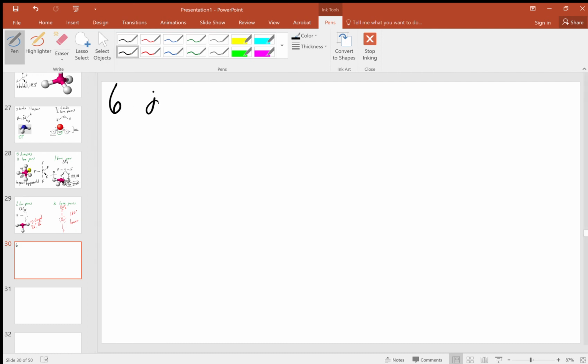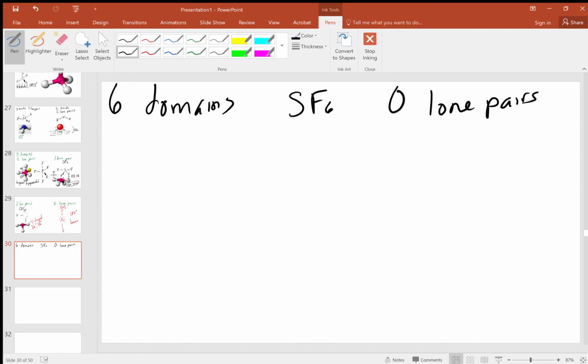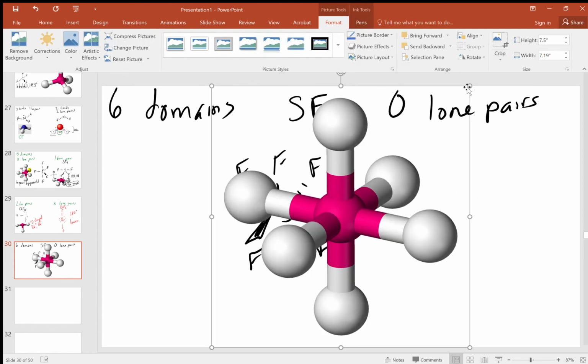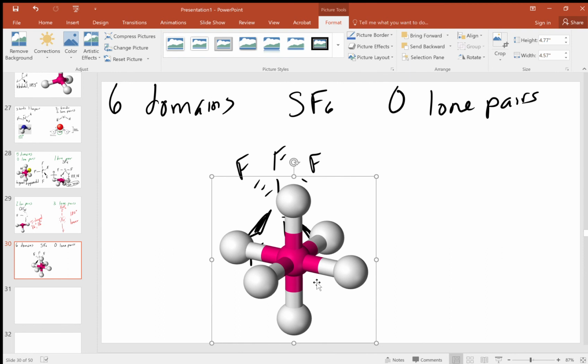Finally, we have 6 domains. We can start with SF6, which has no lone pairs, but 6 bonds. This is known as octahedral.